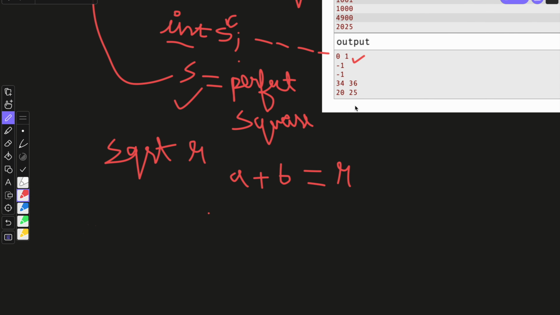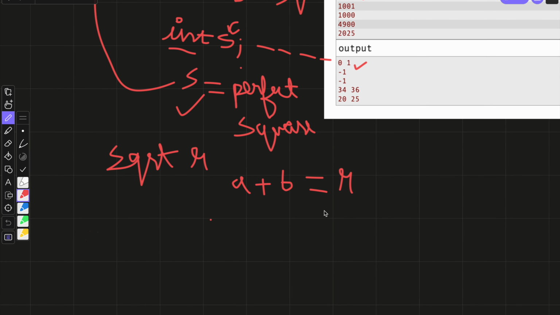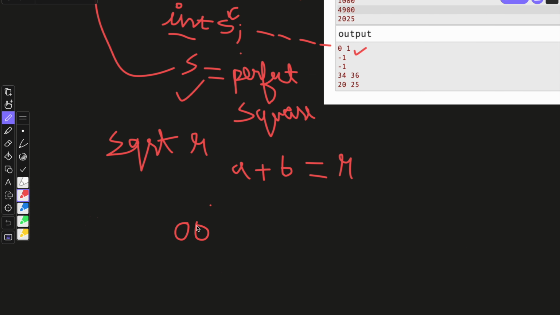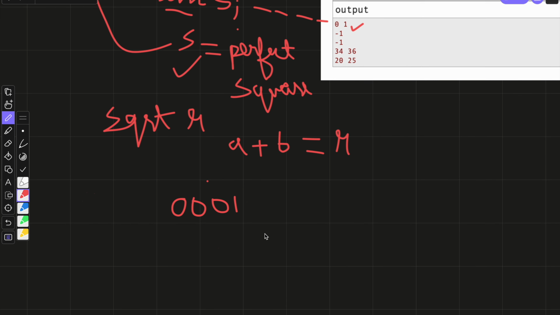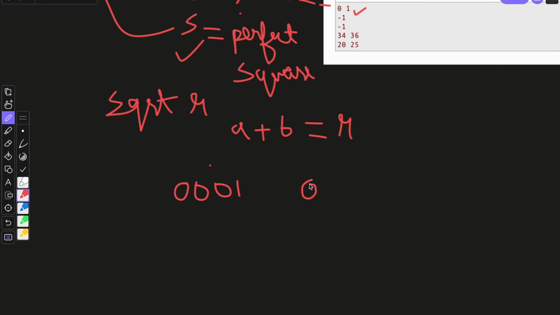Let's take the first test case, 0001. For suppose if this number had been 0016, what would we get? The square root r would be equal to 4.